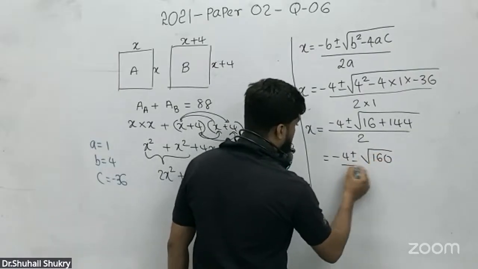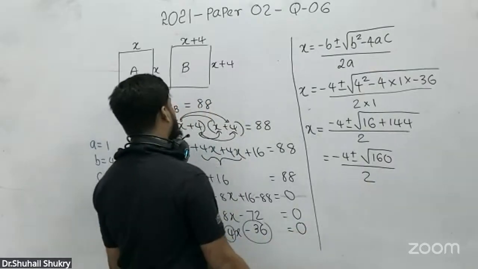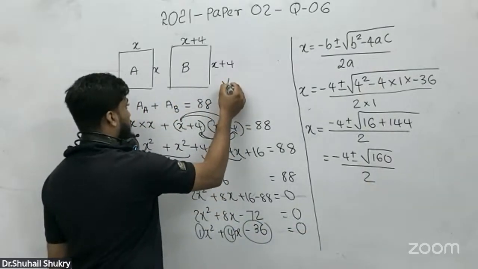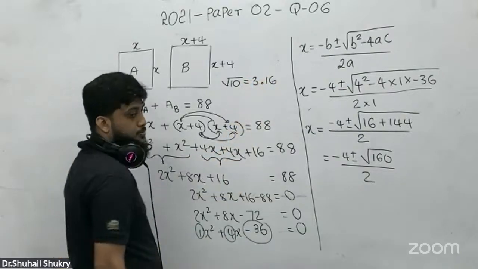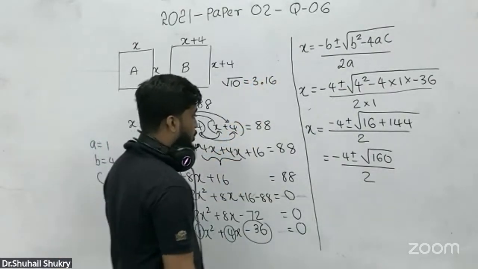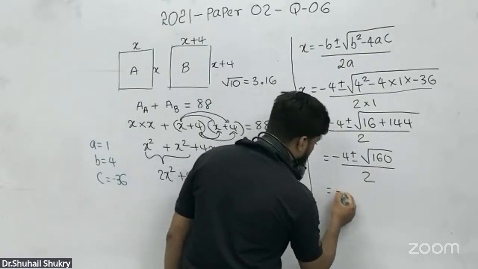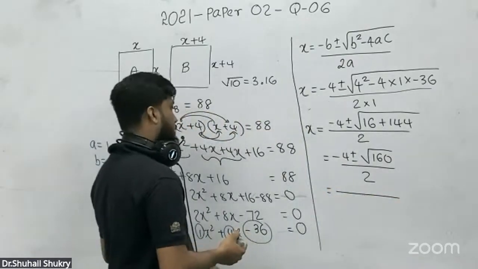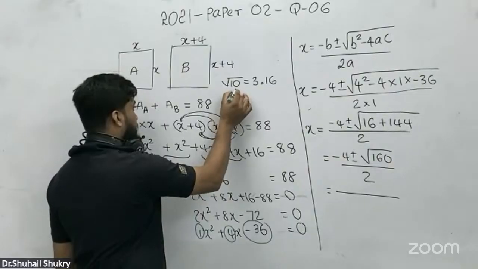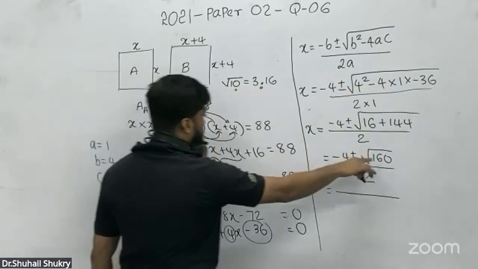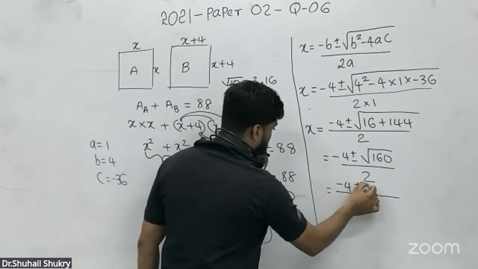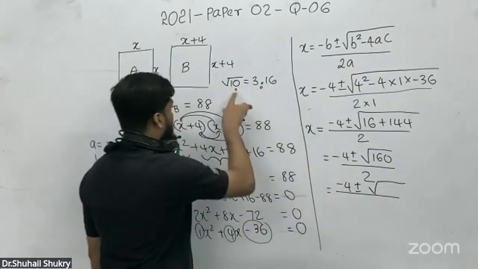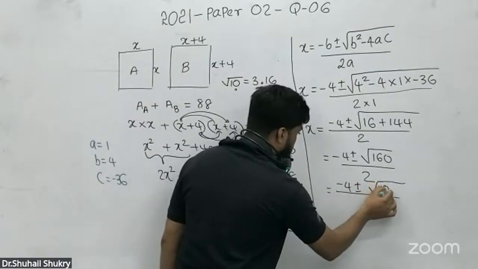So I can write minus 4 plus or minus square root 160, divided by 2. Consider they have given a square root value here: they have told us to take root 10 as 3.16. If they have given a square root value, it is because we have to break this into that particular square root. So this 160 will break into 10 into 16.